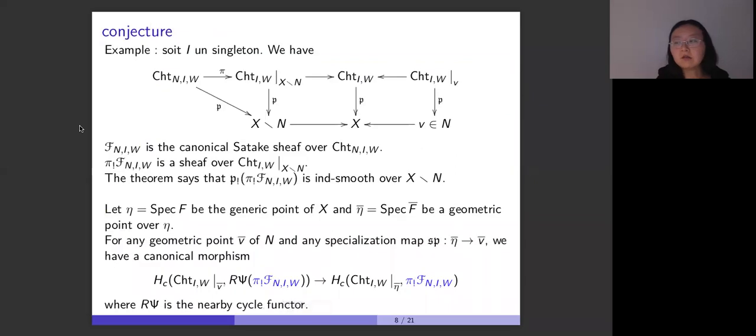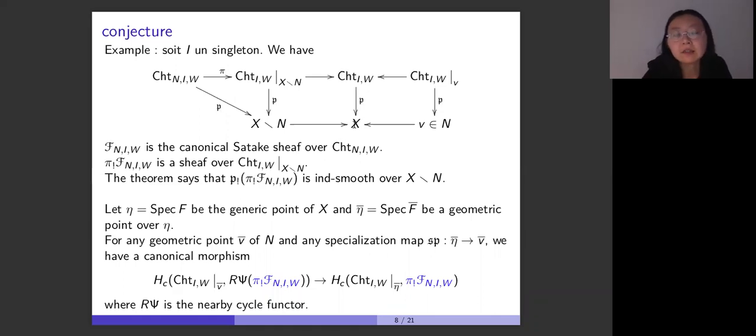And now I want to talk about the conjecture. Let's begin with an example with one pole. Let I be a singleton. In this case, a shtuka is just over one copy of the curve.